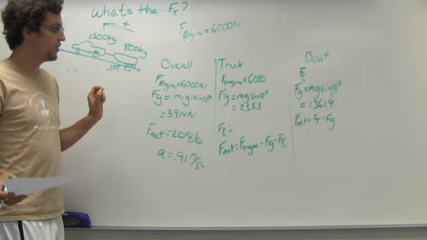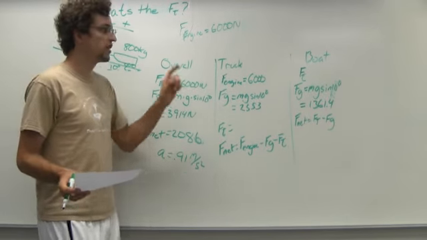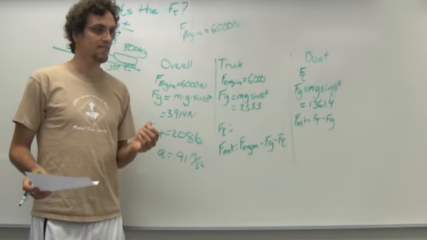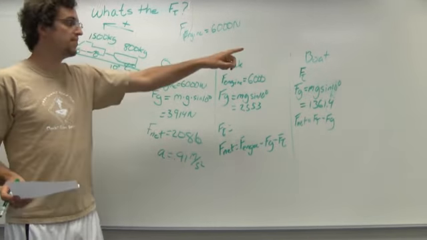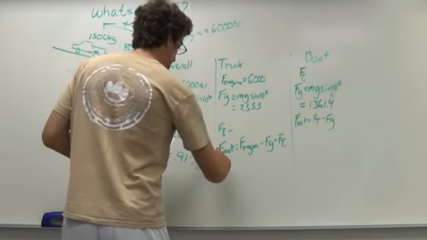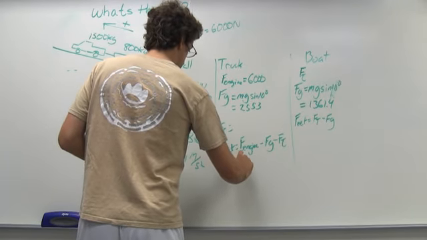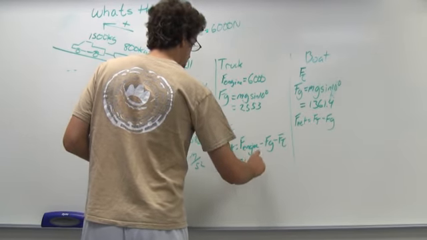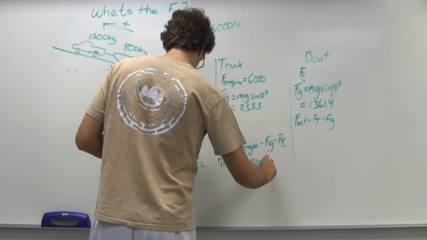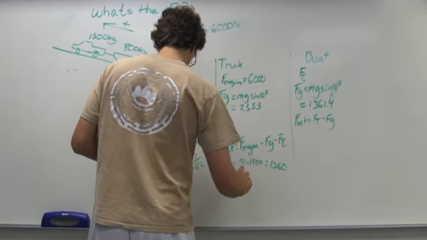The other thing we should consider is that we know the acceleration of the truck and the boat. Our overall acceleration is 0.91. That means that the acceleration of the truck and the boat have to be 0.91, otherwise they would separate. Which means we know Fnet equals 0.91 times 1500, which equals 1360.